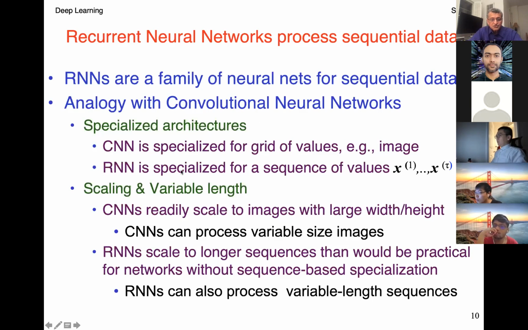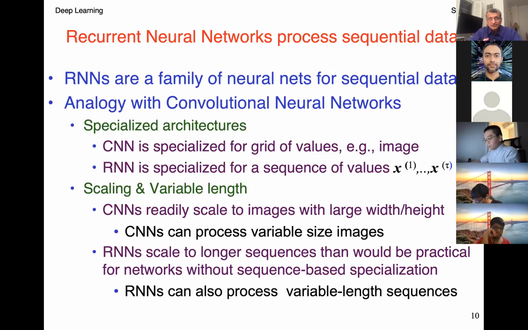And there is also scaling and variable length with RNNs, just like in CNNs, where we can have images that are scaled. CNNs readily scale to images with large width and height, by appropriately changing the kernel, the padding and things like that. RNNs scale to longer sequences than would be practical for networks without sequence-based specialization.